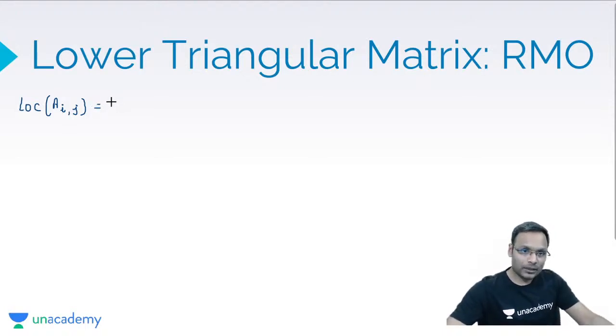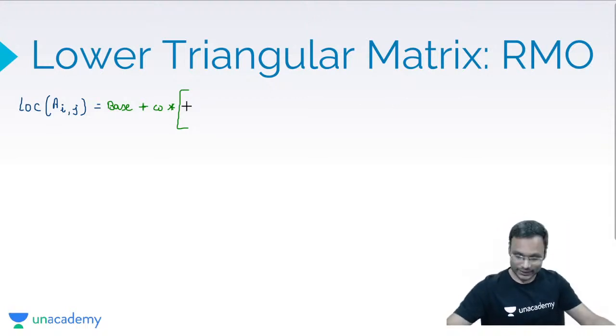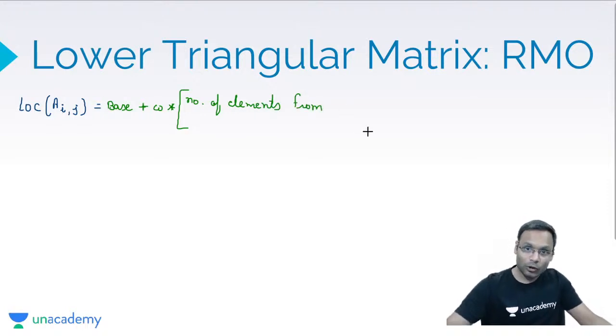First of all, base plus W into, in the row major order, what is the formula? The formula is number of elements from lower bound of row.